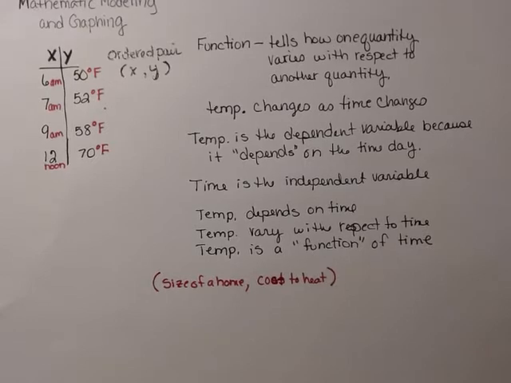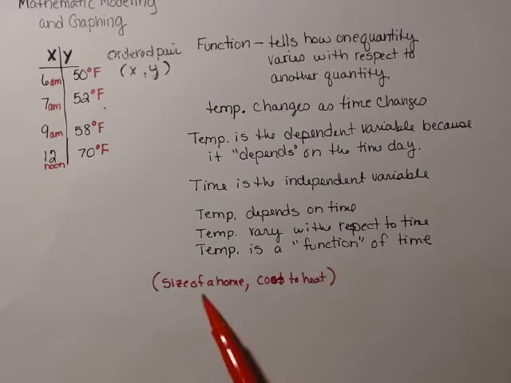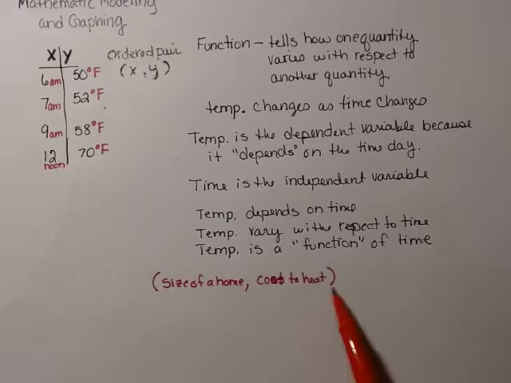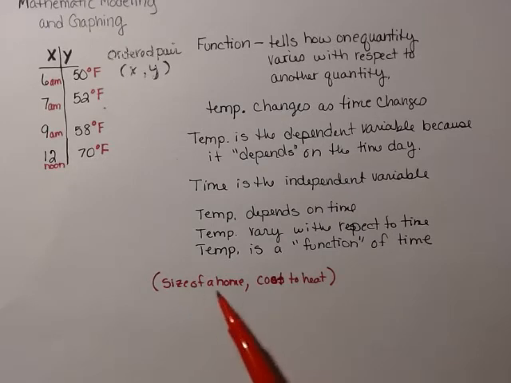What do you think is going to happen? As the size of the home decreases, what's going to happen to the cost to heat it? So if the size of the house decreases, the cost to heat the house would also decrease.